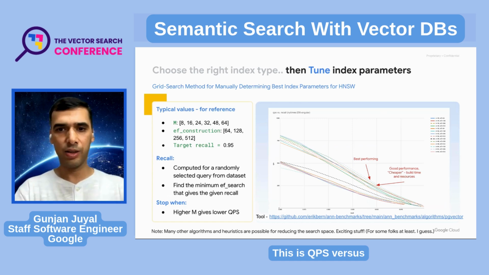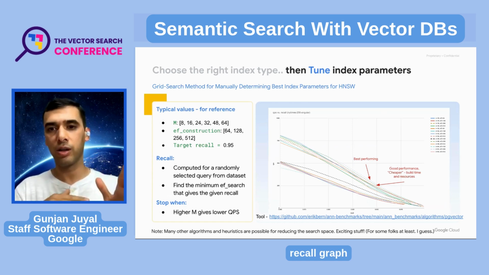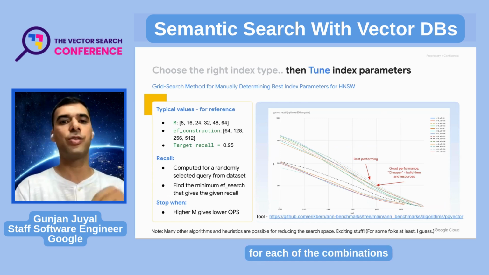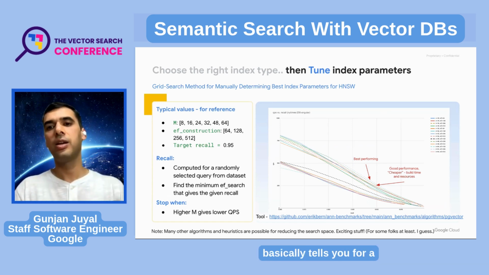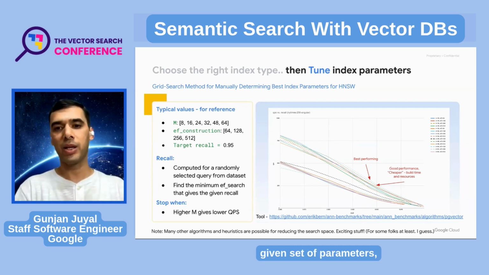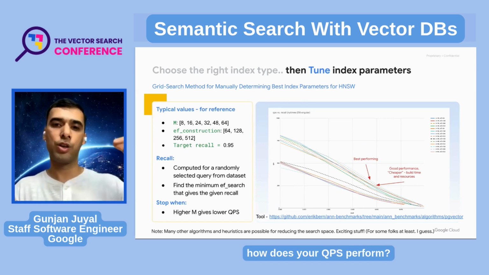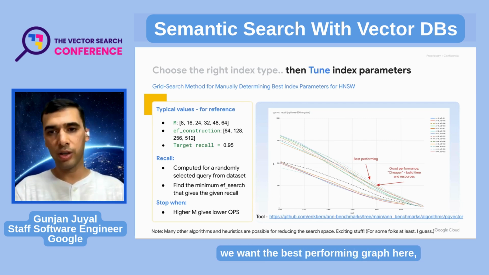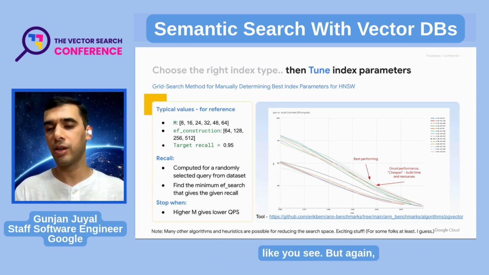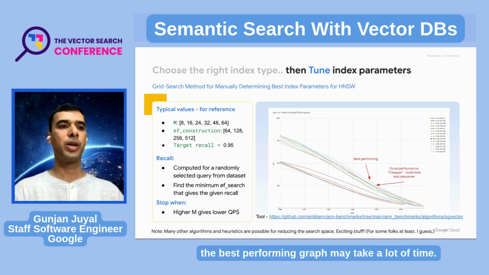This is just the same example I gave. This is a QPS versus recall curve, a recall graph for each of the combinations of a perf test that we ran. So each line basically tells you, for a given set of parameters, as you increase your recall, how does your QPS perform? And typically, we want the best performing graph here, like you see. But again, the best performing graph may take a lot of time to build.